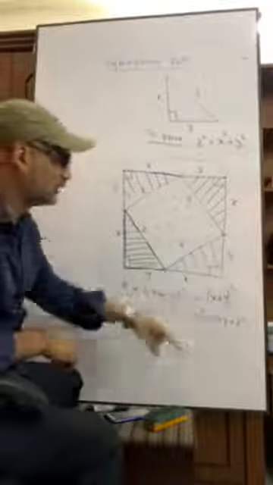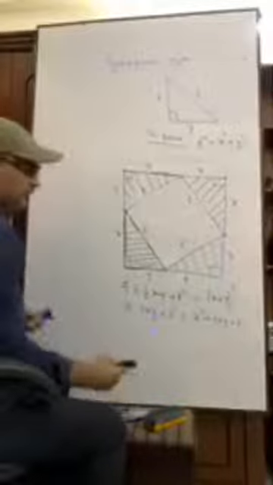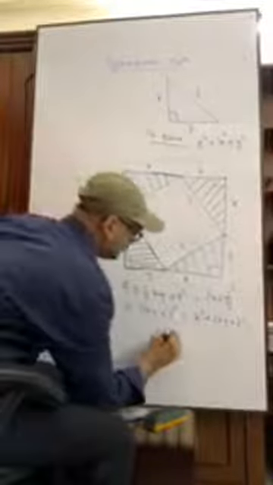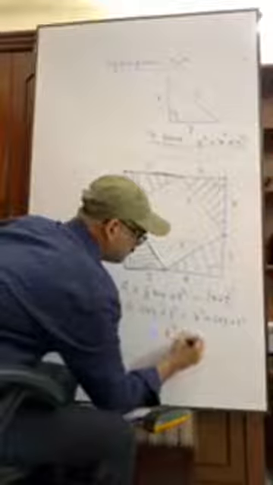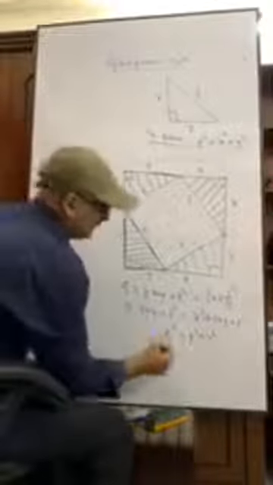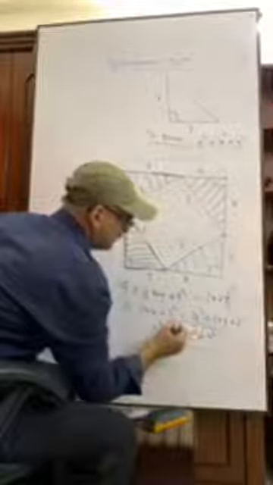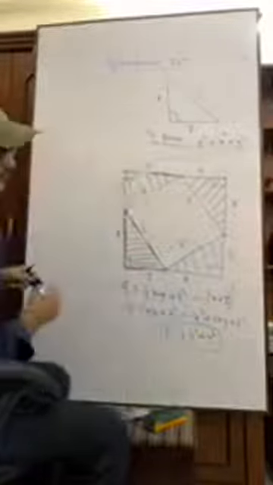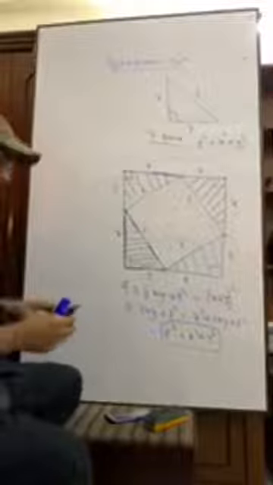See, 2xy and 2xy will be cancelled from both sides, and we will be left with z square equals x square plus y square. This is proved. Let me know if you don't understand.